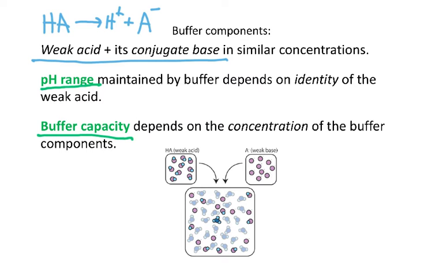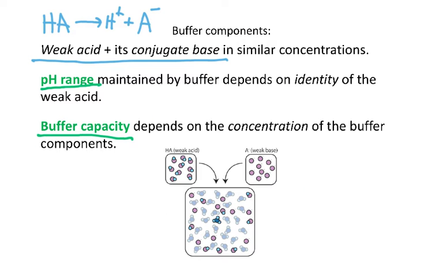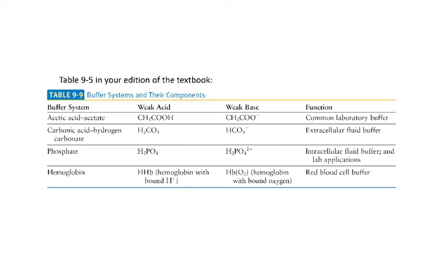Right? Remember that we said it can resist changes when small amounts of acids or bases are added. So that has to do with the capacity, like how much can be resisted. So a weak acid and its conjugate base.